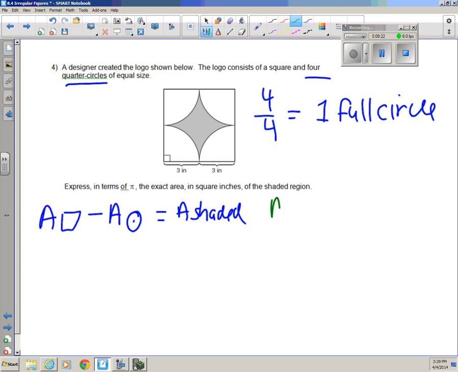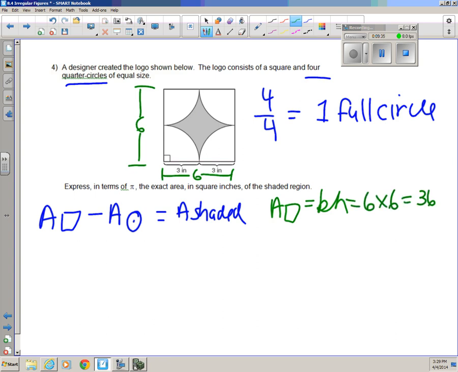The area of the square is base times height. Well, all the way across should be 6, which means all the way down should be 6. So we're looking for 6 times 6, which is 36. The area of your circle is pi r squared. Hopefully you realize that this part right here must be your radius, right?